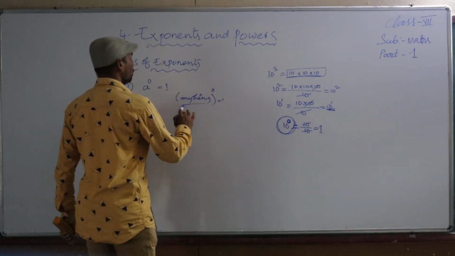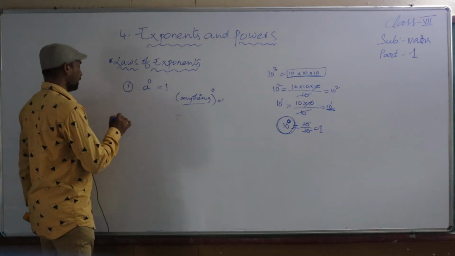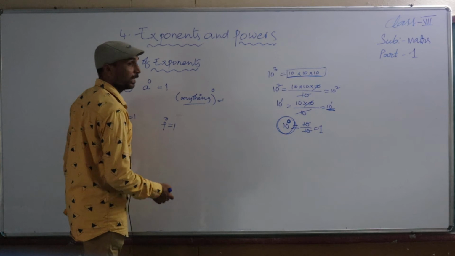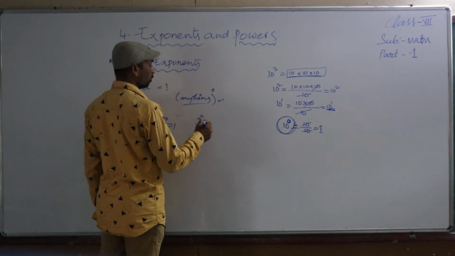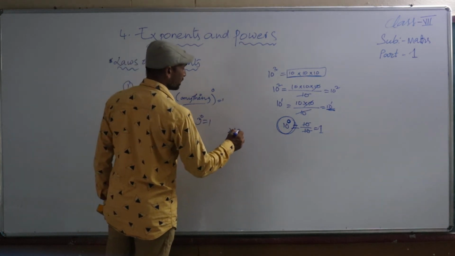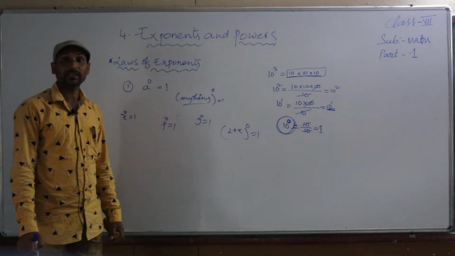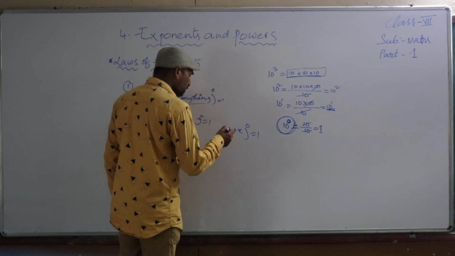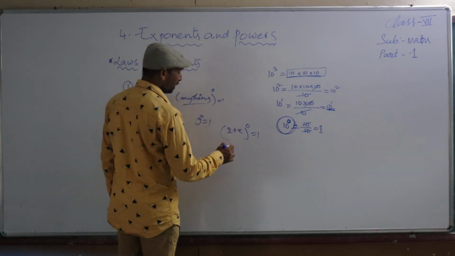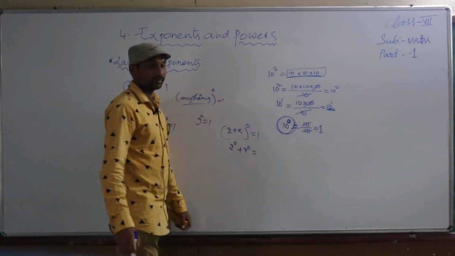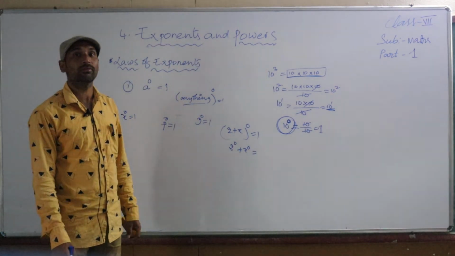So that's why, take x power 0 is equal to 1, p power 0 is equal to 1, y power 0 is equal to 1, then (2 plus x) whole power 0 is equal to 1. See children, the whole power is equal to 1. But if you take 2 power 0 plus x power 0, this is not equal to 1. Why?